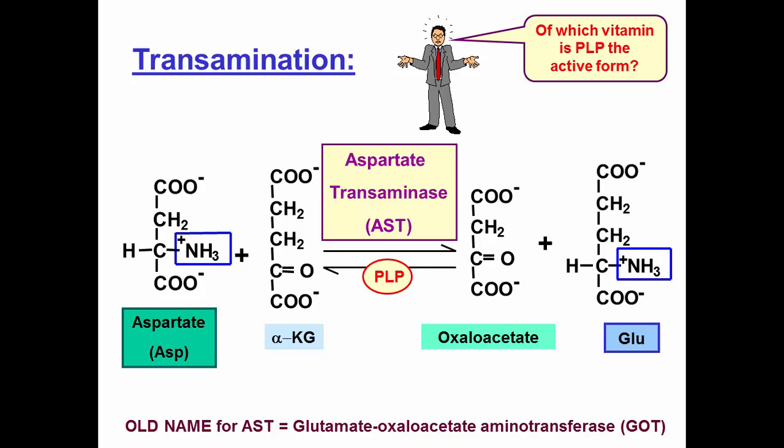I'm not going to ask you structures, but you do need to know the reactions. So in the fed state, we're moving in the direction of glutamate formation. And remember, it's a way of transferring amino nitrogen to glutamate. These transamination reactions are a way of getting amino nitrogen from aspartate and alanine, but we have other ones too.